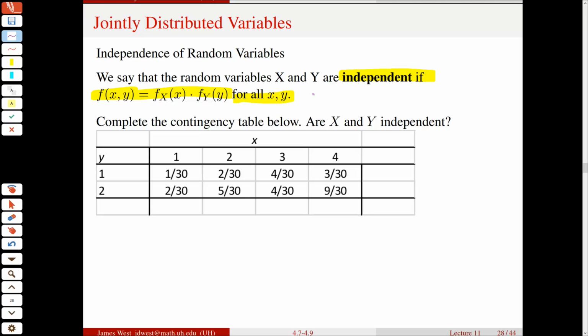This is the same as saying the entry in row m, column n, is equal to the total of row m times the total of column n.